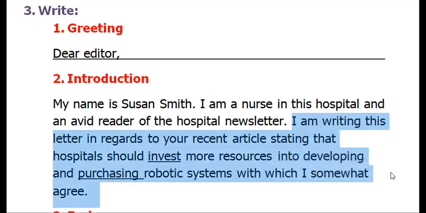And remember, they want you to include both sides of the argument. And since you're going to discuss both sides of the argument, try to stay somewhere in the middle. So I somewhat agree, I agree up to a point, or I somewhat disagree, I disagree up to a point. Okay, because you're talking about both. I would stay away from saying I completely agree or I completely disagree, because then that means your essay will only focus on agree, only focus on disagree. Pay attention to that.